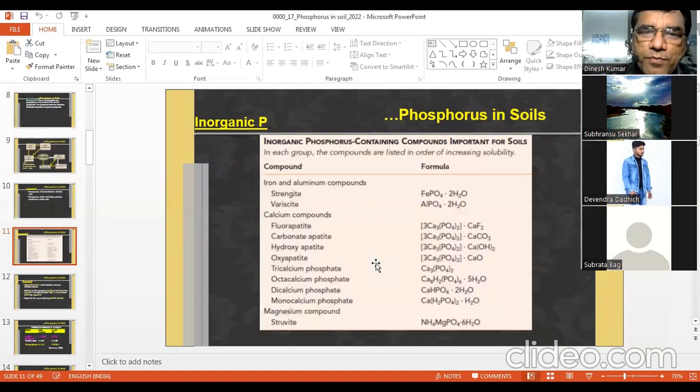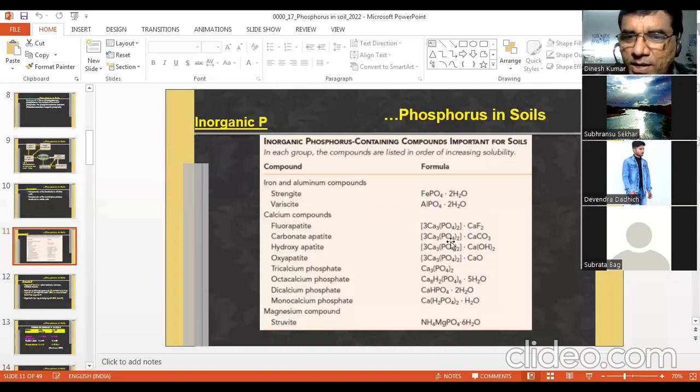Now I come back to fluorapatite. Many of you might know the formula. Every student must remember this formula. Fluorapatite is 3Ca3(PO4)2·CaF2. By nature, this is the dominating apatite, meaning it is in larger amount in the world compared to other apatites.